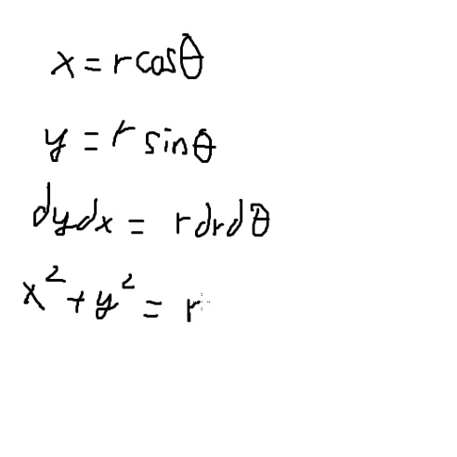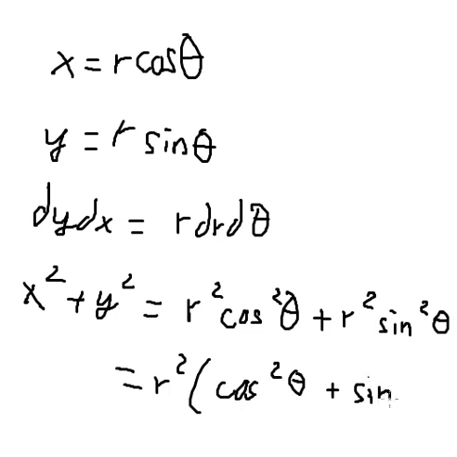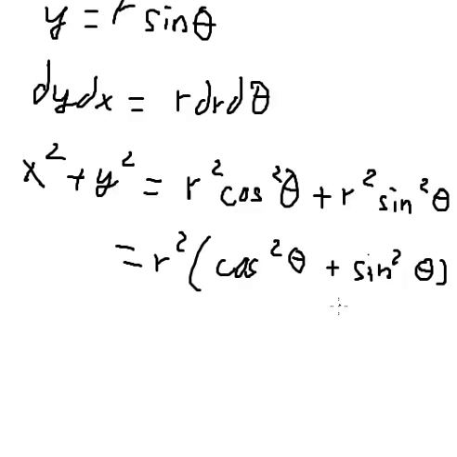So we have r squared cosine squared theta plus r squared sine squared theta. For r squared we can do factorization. So we have cosine squared theta plus sine squared theta. We change this one into 1. This is the trigonometric identity.